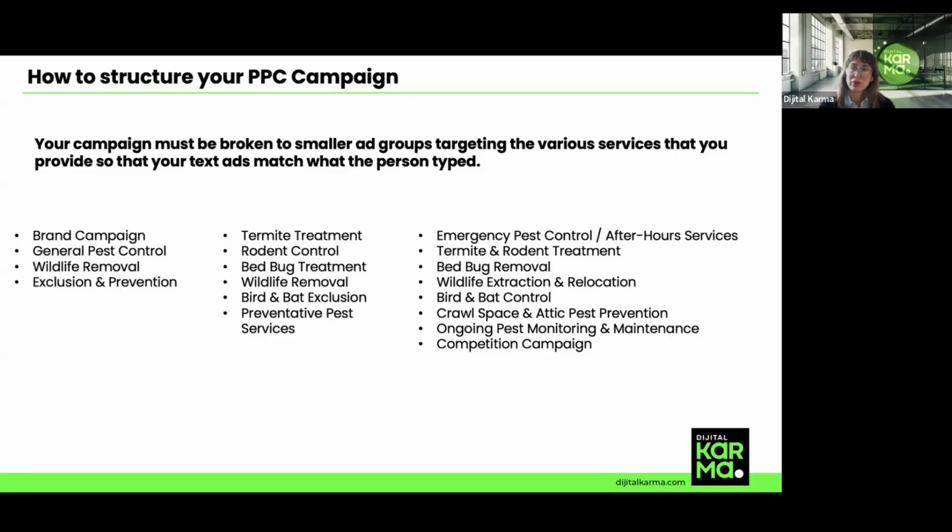You provide your goals, budget, assets, and audience signals, and Google does the rest. It works best when you already have conversion tracking, lead scale tracking, and strong creative assets.